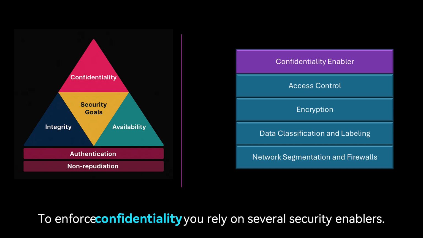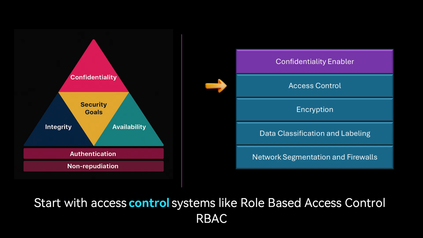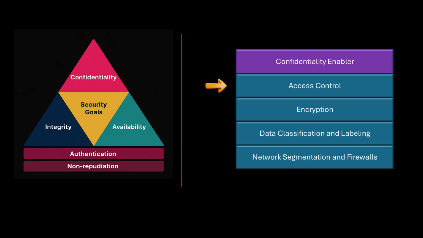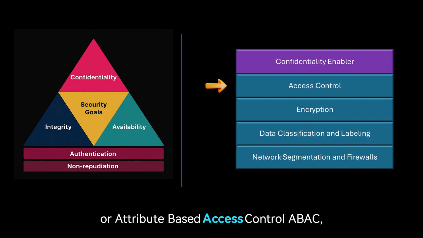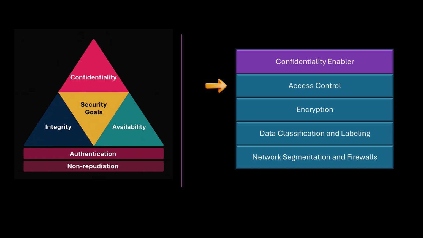To enforce confidentiality, you rely on several security enablers. Start with access control systems like role-based access control, RBAC, or attribute-based access control, ABAC, which ensure that users only access what's relevant to their roles.